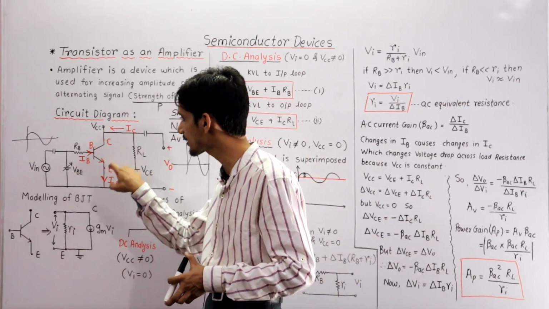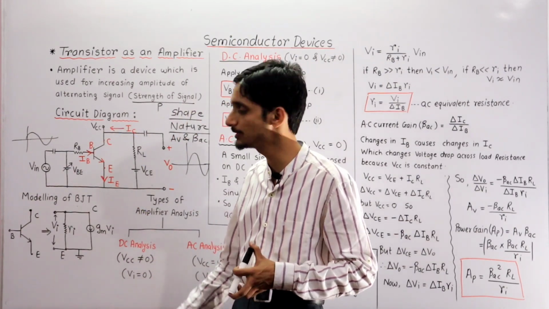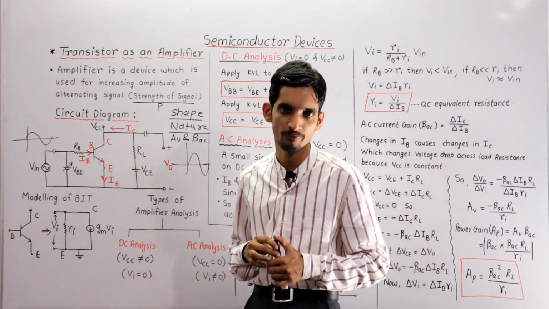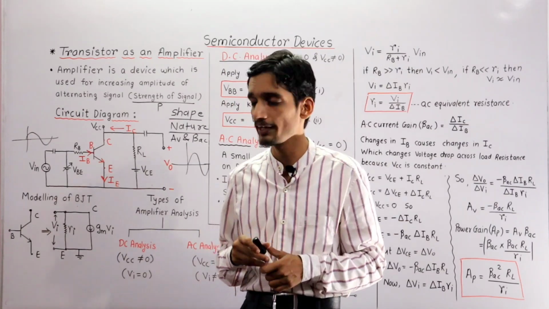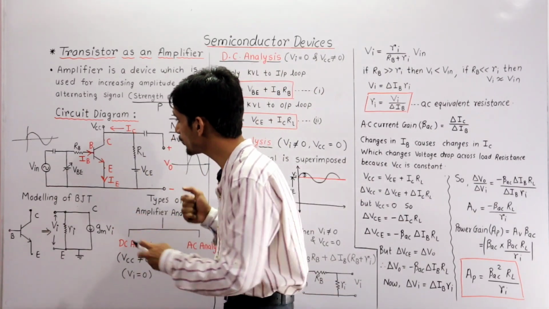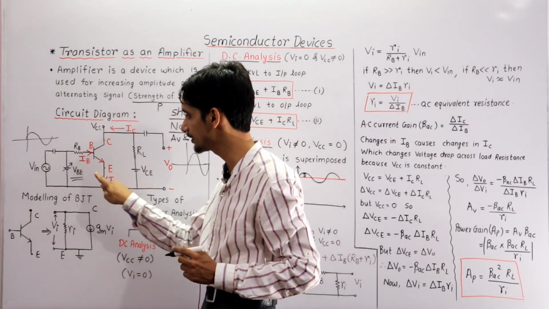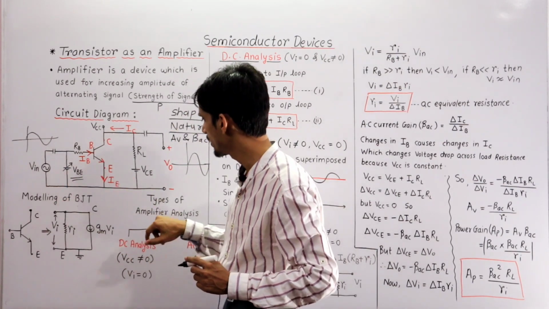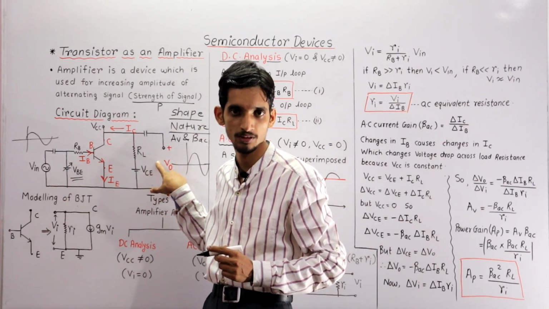That's why in this circuit diagram, if you observe, this transistor is in common emitter configuration. It means the emitter is common for input as well as output. Now if the emitter is common for both input and output, the input voltage is VBE and VCE is the output voltage of the transistor.